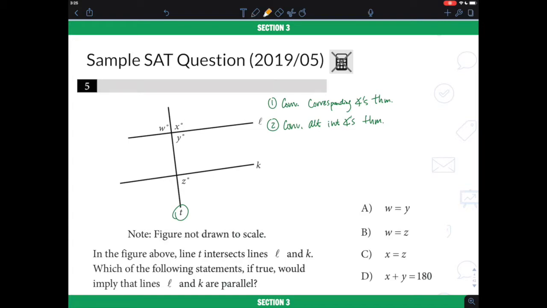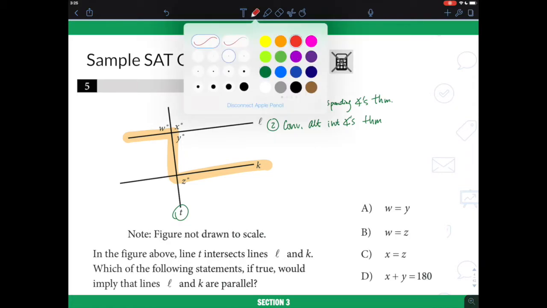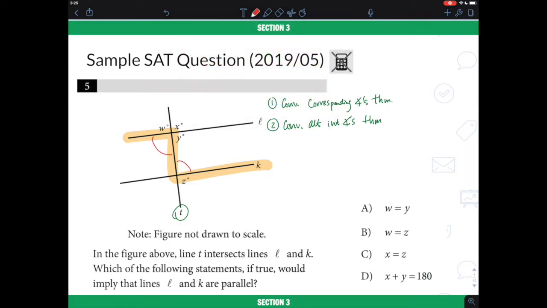To help you find the location of these alternate interior angles, I would introduce you to the letter Z. In this letter Z, the armpit areas would be considered the alternate interior angles.